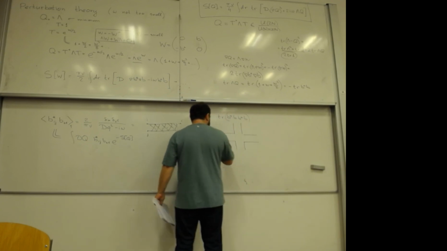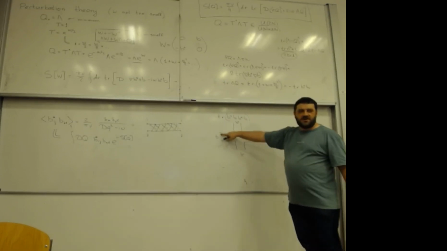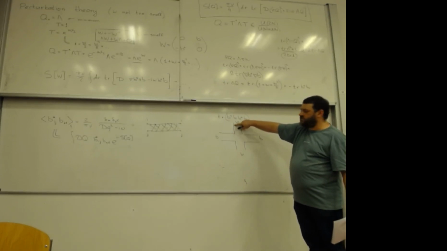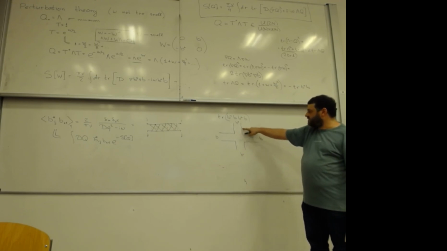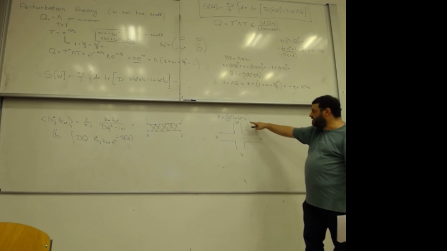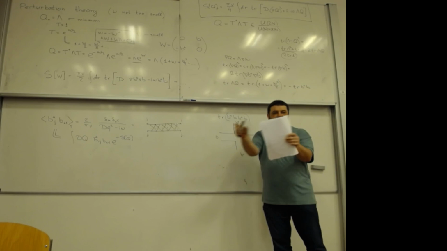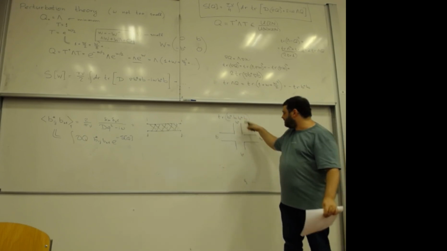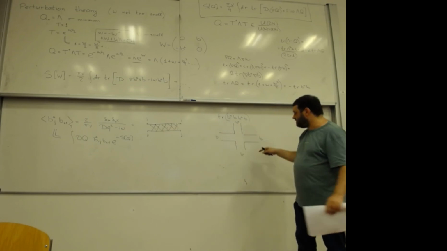You have matrices B, B dagger, B, B dagger, and you connect the second index of matrix B to the first index of the matrix B dagger, then the second index of that to the first index of the next. Then you connect the last index back to the first index, you multiply the matrices, and then you take the trace.